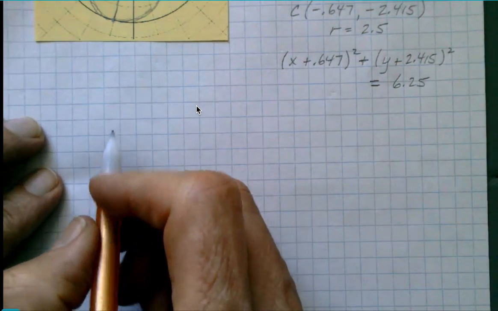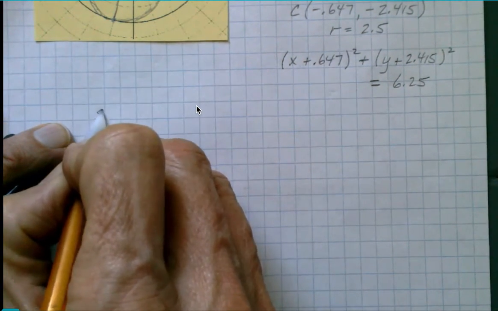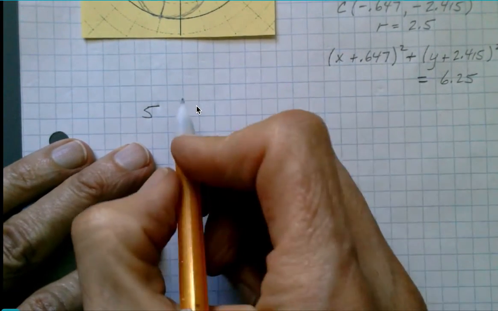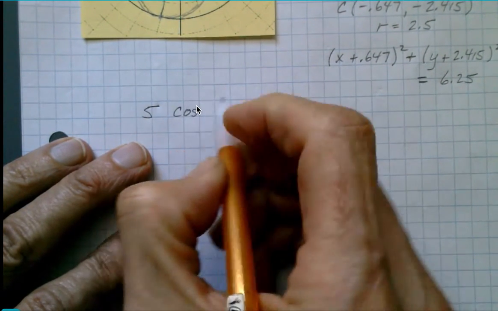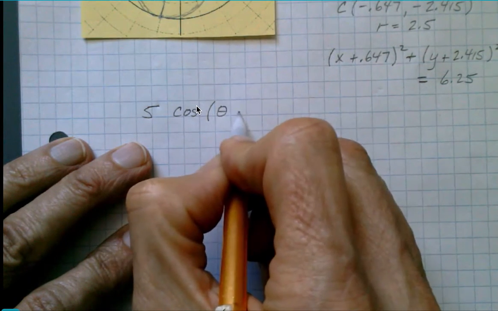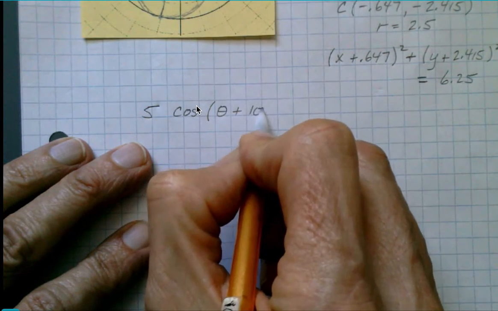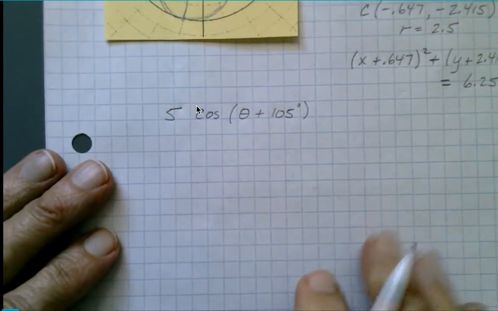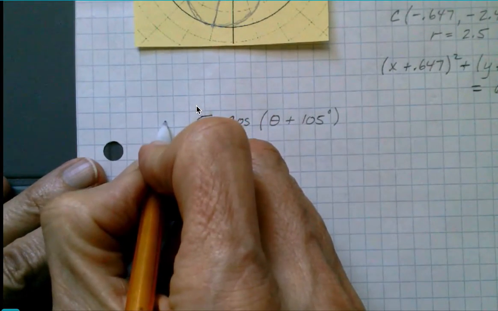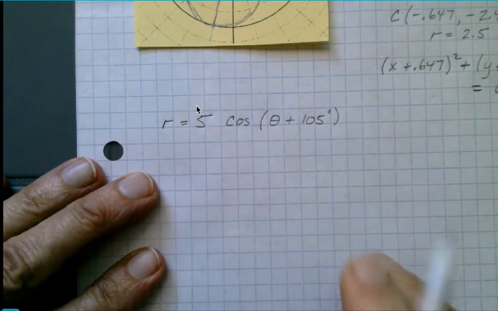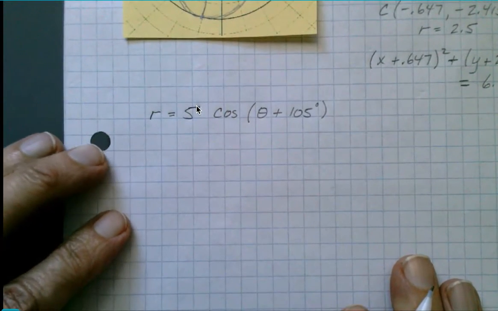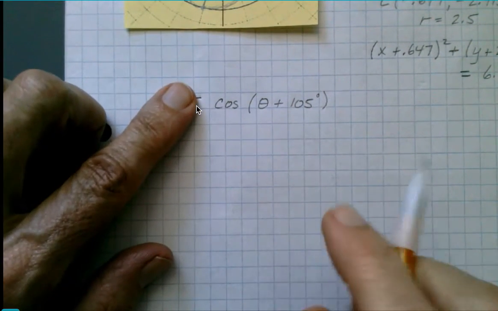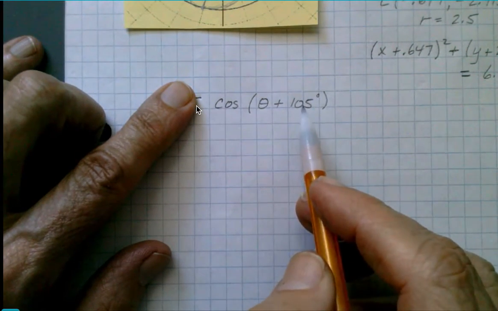So we have, let's see, the original was 5 cosine theta plus 105, and that was equal to r. So we've got r equal to. Okay, and we have to get rid of the r, and we have to get rid of the theta. So first thing is we'll work on this expression right here.